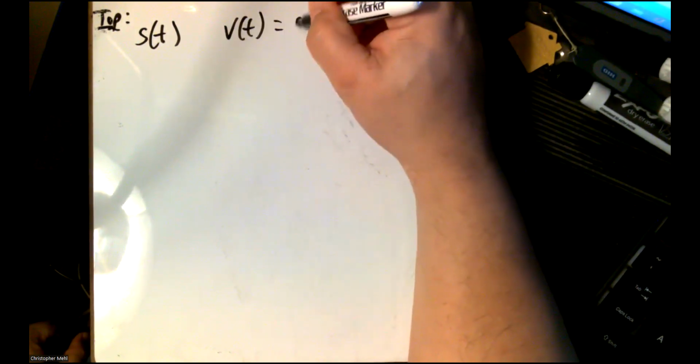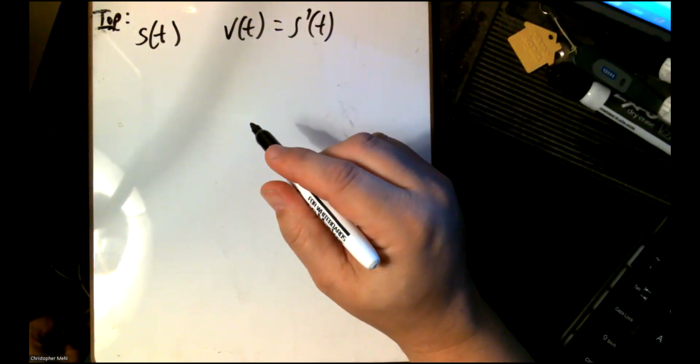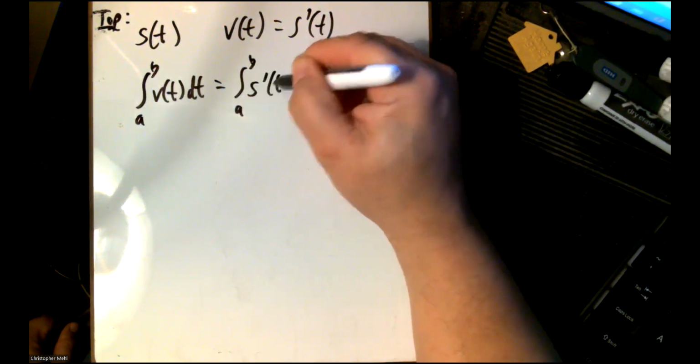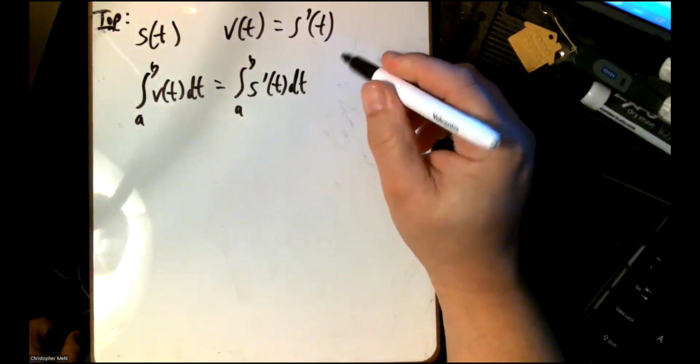Now let's look at the velocity of the object at a particular time. We know that if this is our position function s of t, then our velocity function is s prime of t, which means that s, of course, is an antiderivative of v. So if I were to integrate my velocity function from a to b, that would be the integral from a to b of s prime of t dt.